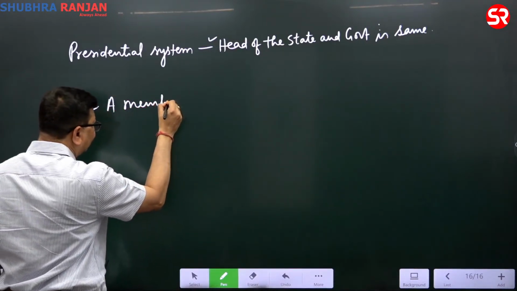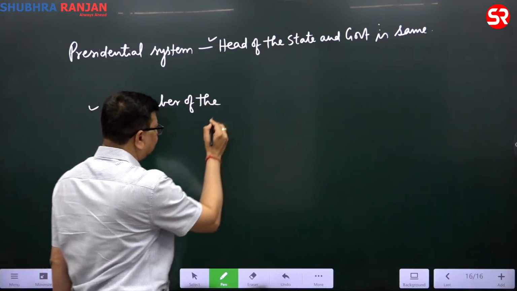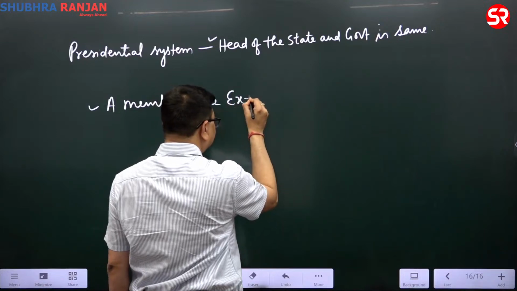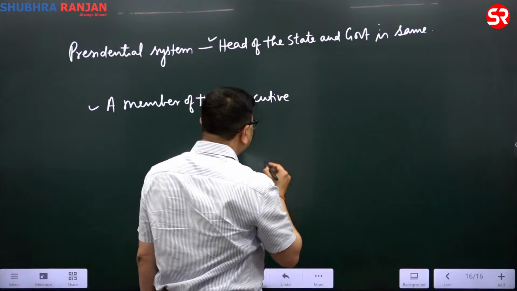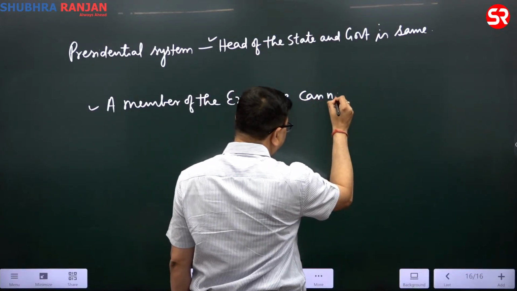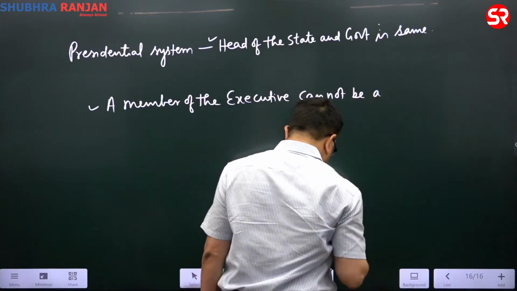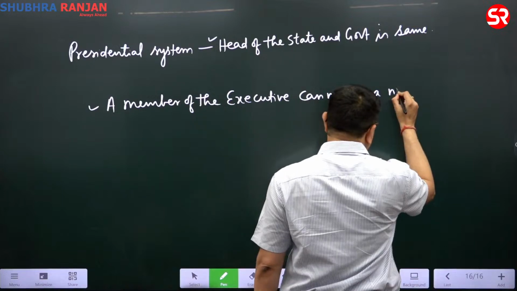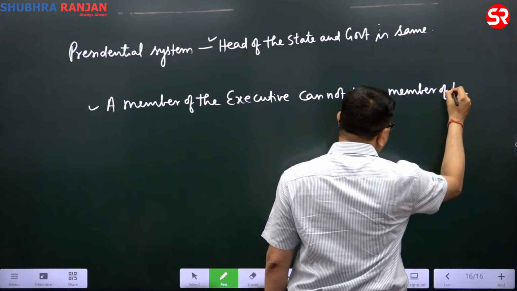A member of the executive cannot be a member of the legislature.